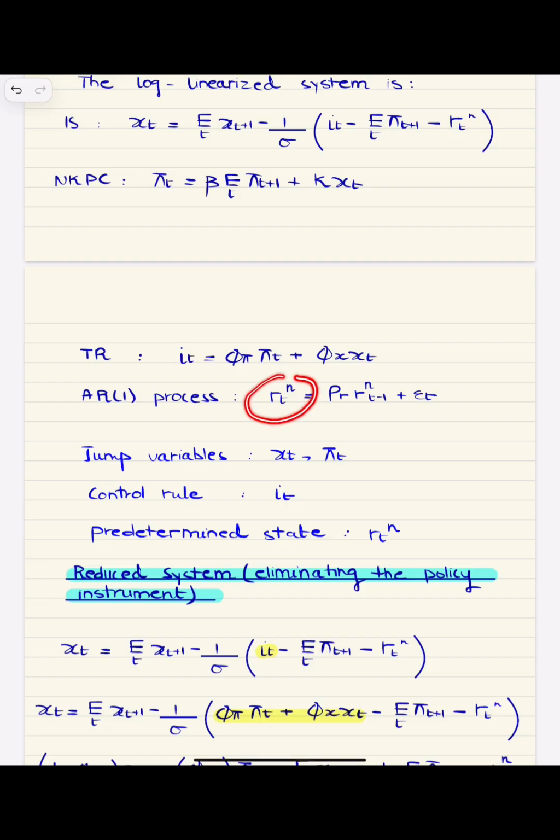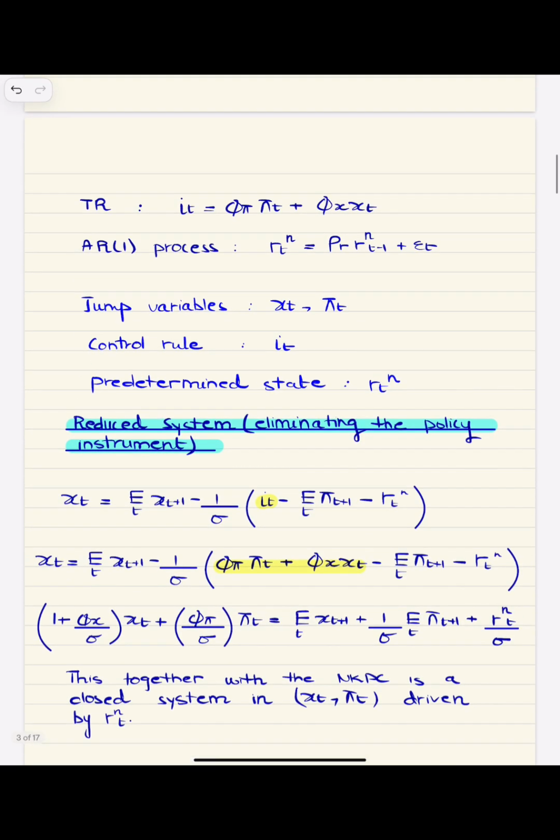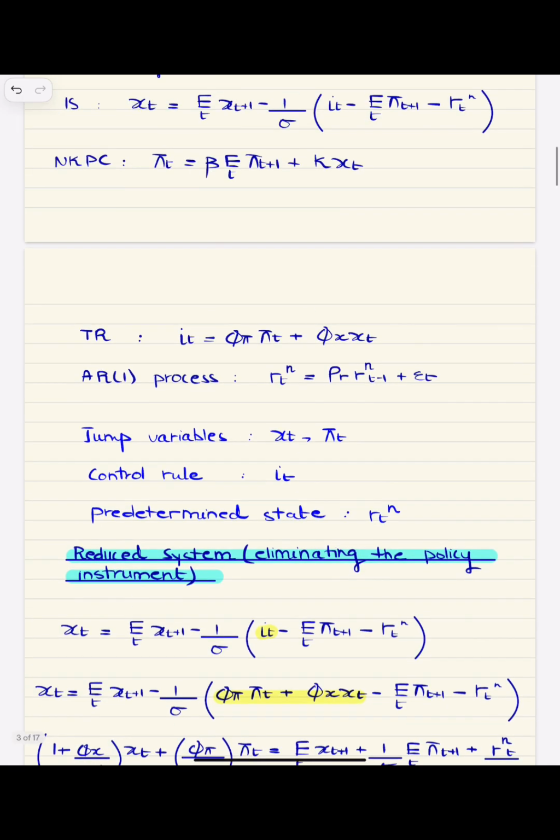The real interest rate here is shown as an AR1 shock, and this is predetermined because today's value depends on the lagged value of itself. So if today's value depends on the past, then we have a predetermined state variable. So I'll repeat what a jump variable is and what a predetermined variable is.